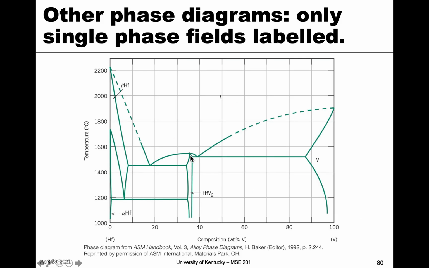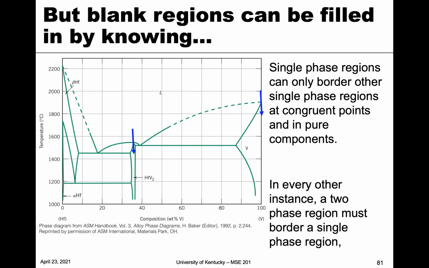So this point right here is congruent because it goes from the liquid to this hafnium vanadium 2. At the pure components, it goes from a liquid to vanadium, right? So that's congruent, and the same thing over here. So those are the only places at a point where a single phase region can be surrounded by another single phase region. Everywhere else, it has to be two phase.